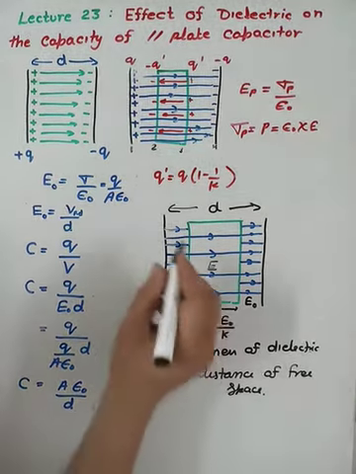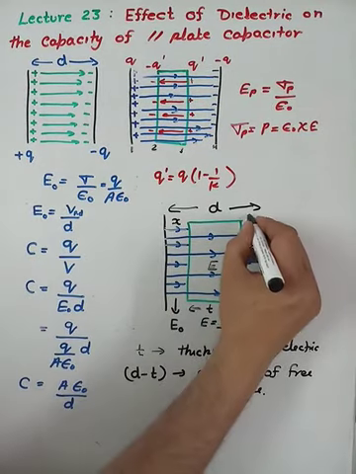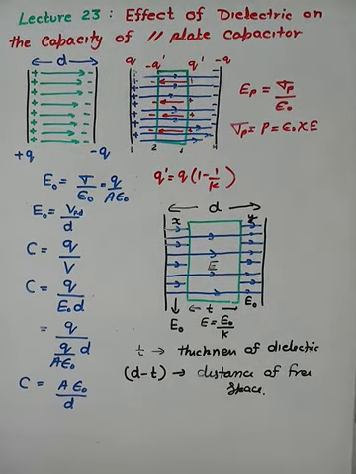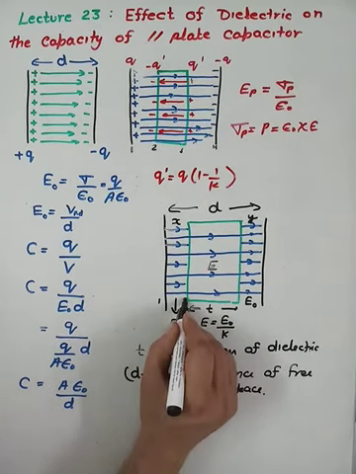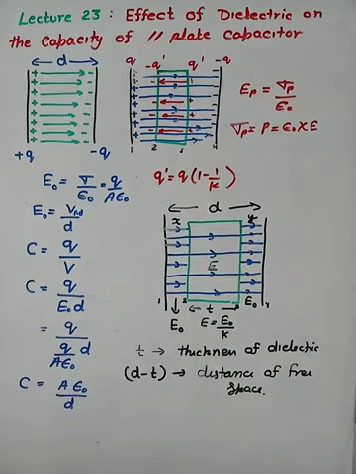Now suppose this distance is x, this distance is y, and this distance is t. We have three regions: 1 to 2, 2 to 3, and 3 to 4.